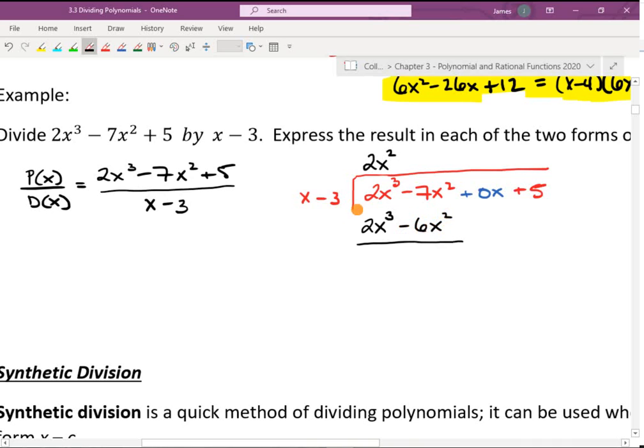Good. Now I'm going to multiply by a negative and then add straight down. So those disappear, and you're now left with negative x squared. Now I'm going to drop down the 0x.